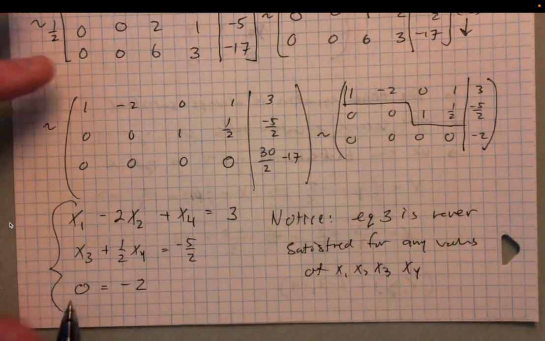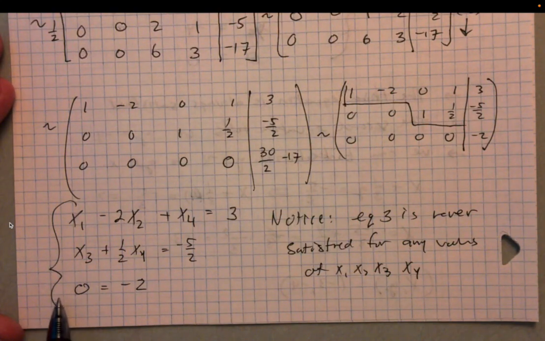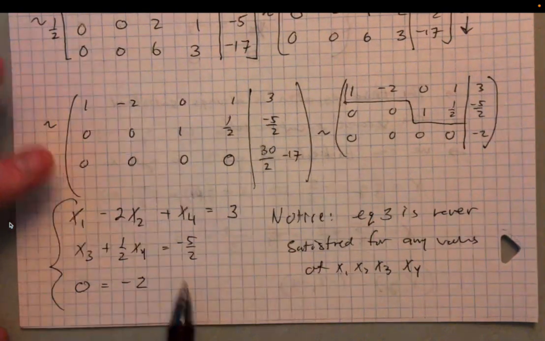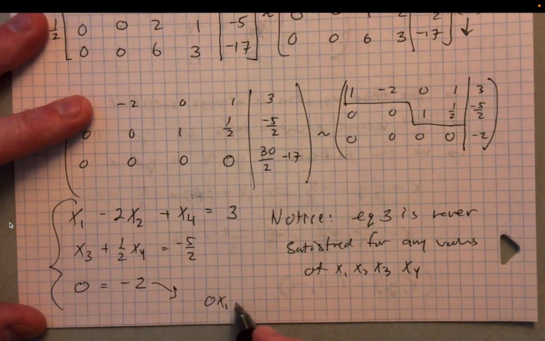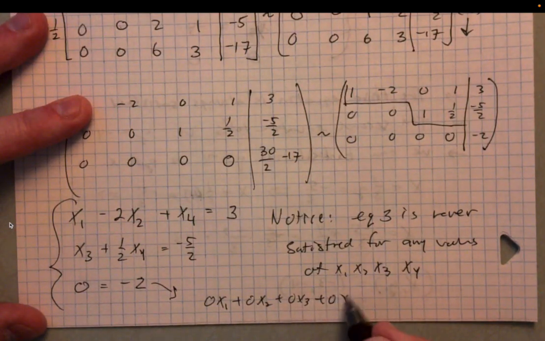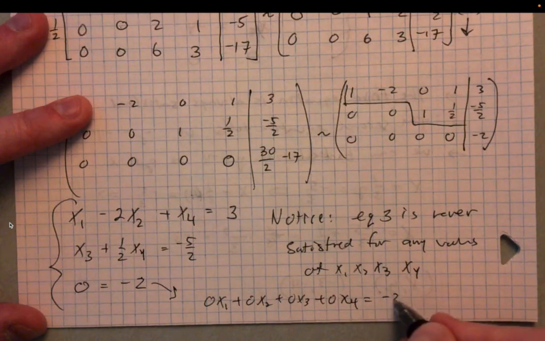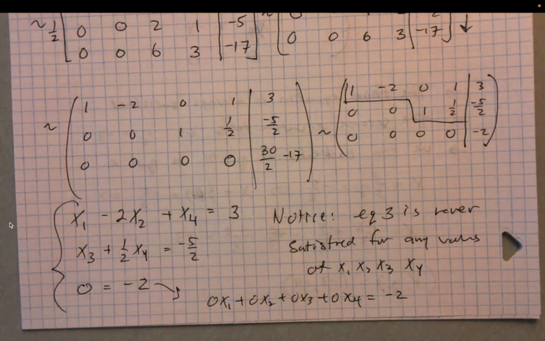There's no way to make 0 times something plus 0 times something plus 0 times something plus 0 times something equal negative 2. What this is basically saying is 0x1 plus 0x2 plus 0x3 plus 0x4 equals negative 2. Are there any values of x1 through x4 that can satisfy this? No, right? This can only ever equal 0.